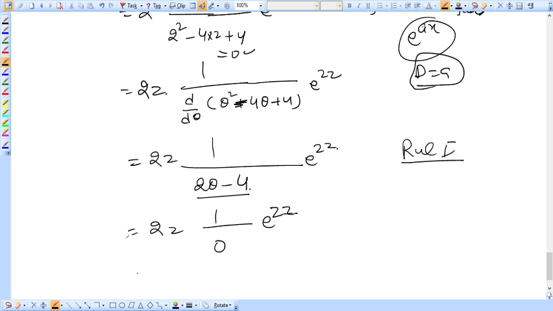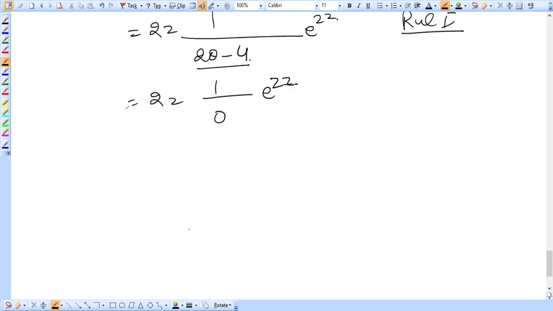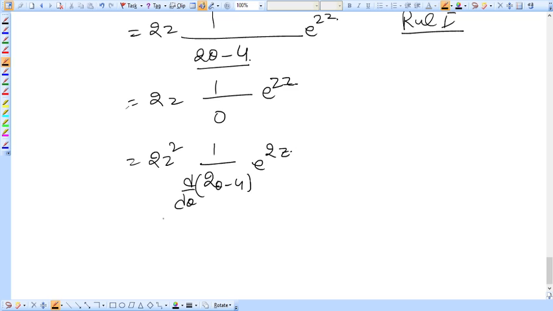So we again differentiate the denominator with respect to theta, and we also multiply by z again. In this way we get 2 times z square over the derivative of 2 theta minus 4, e to the 2z.